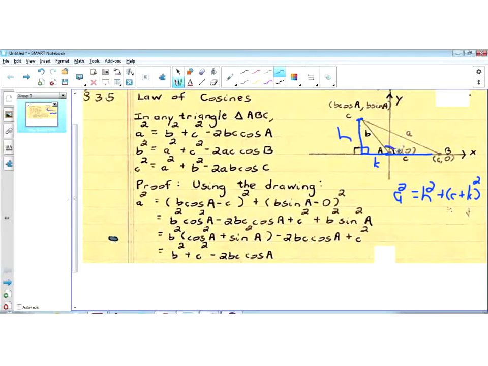If this is angle A, we know from previous work that the sine of angle A is equal to the sine of 180 degrees minus A, because angle A is in quadrant 2.